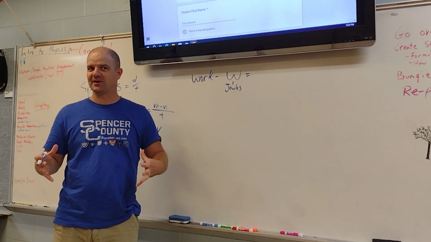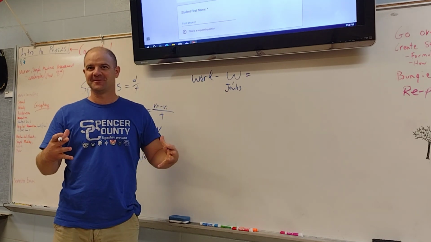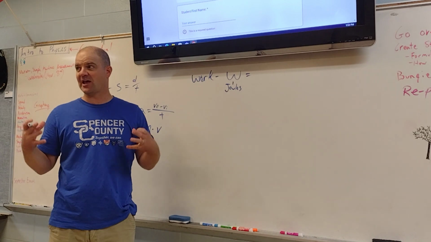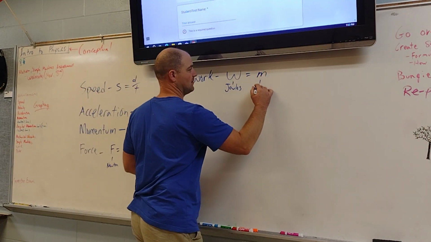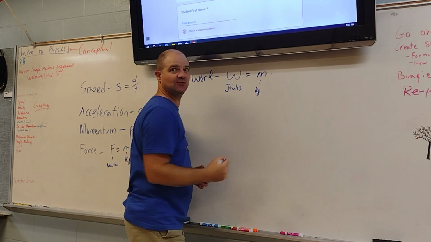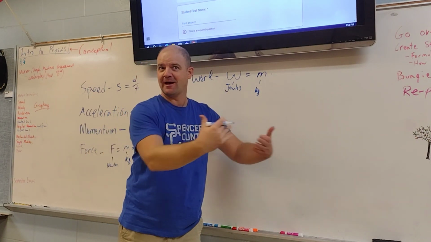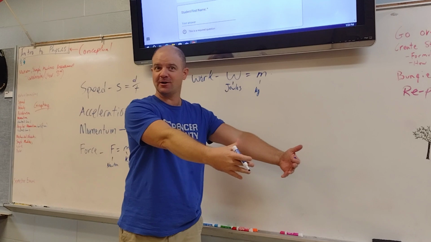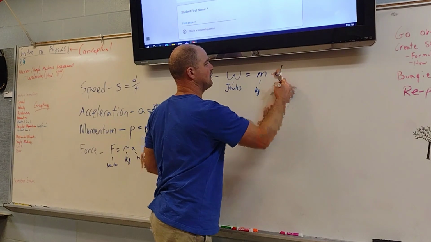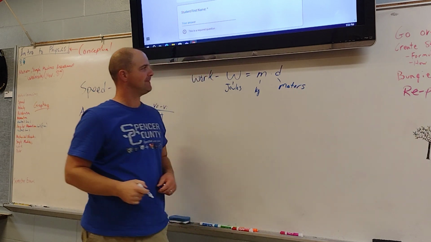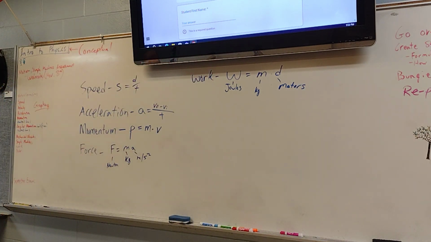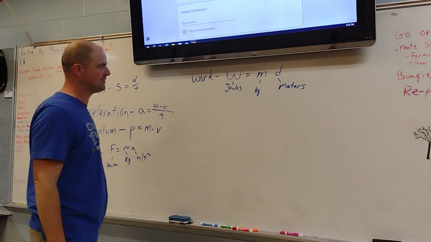You have something that we're moving. The something has a mass in kilograms, times how far, distance, and we measure that in meters. Okay, that's work. Moving a certain mass, a certain distance.